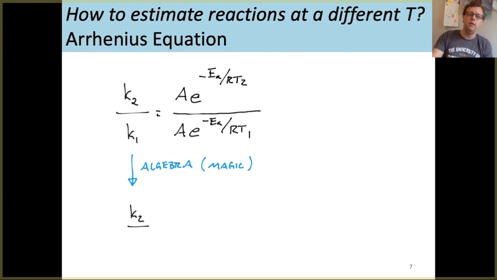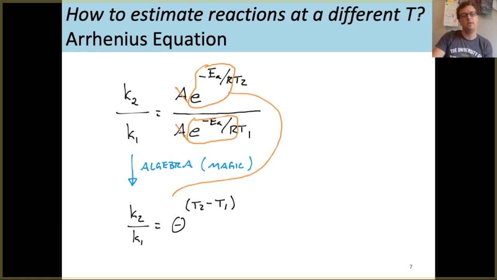If we do a bit of magic, also known as algebra, we can take the ratio k2 over k1 equals this capital theta raised to the T2 minus T1 power.